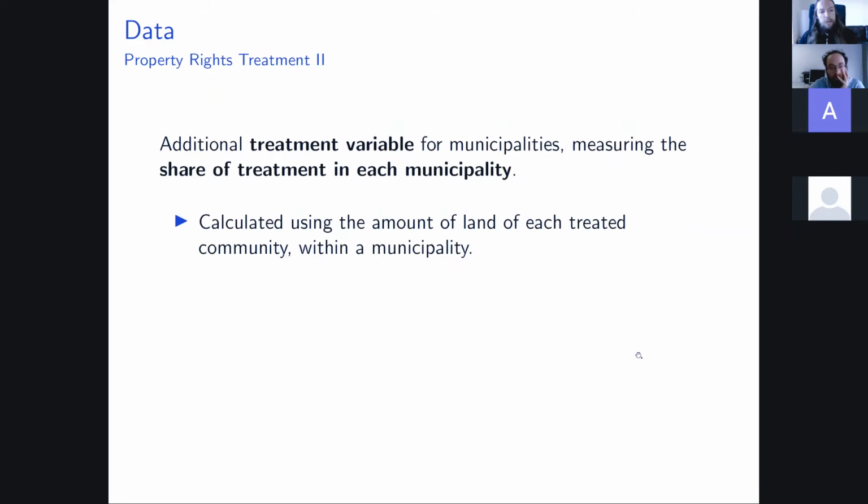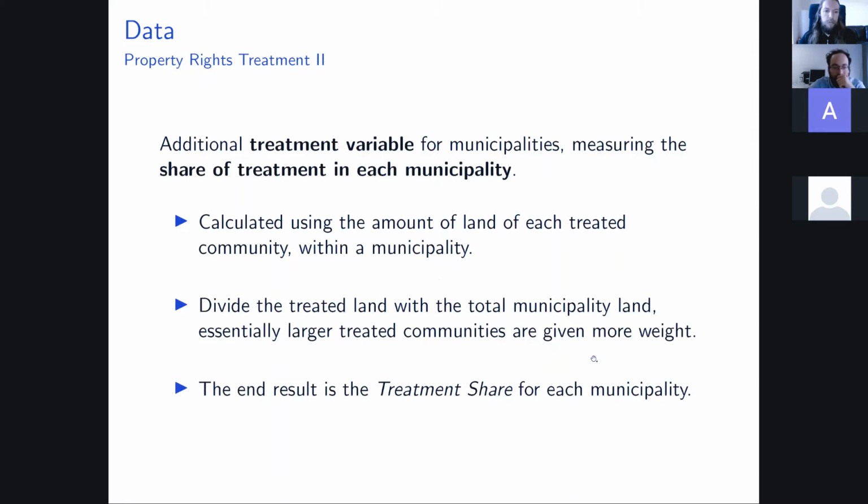And using this, we also create an additional treatment variable. Well, we do measure the share of treatment within each municipality, because as I told you before, you have communities forming a municipality and municipalities forming counties. So we did this by calculating the amount of land used for each treated community within the municipality.